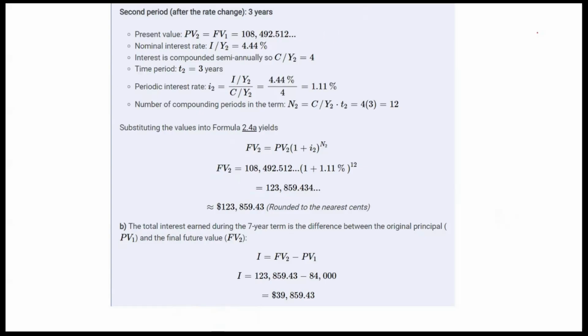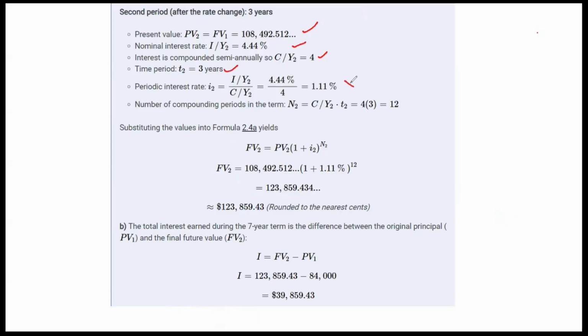What came out of the first 4 years is now your present value. The nominal interest has dropped. The frequency of the compounding is 4, right? The time period, 3 years.